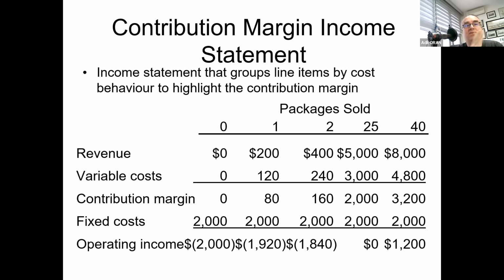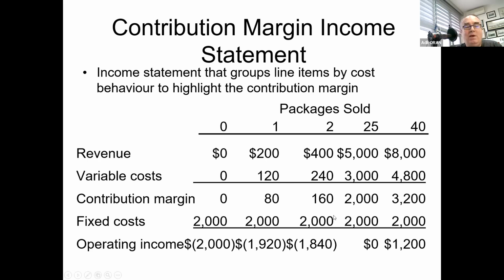If they continue to increase their sales above the break-even point, then they begin making an actual positive profit. For example, if they were able to produce and sell 40 packages, revenue is 40 times 200, 8,000. The variable cost is 40 times 120, 4,800. And the contribution margin is 40 times 80, 3,200.